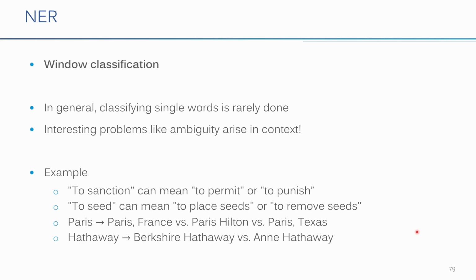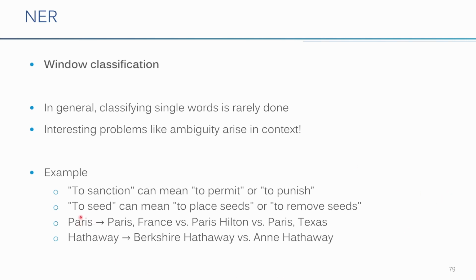And as we were talking before, in general, classifying single words is rarely done simply because of ambiguity, and the more interesting cases arise when you try to identify context or a specific group of words. This happens not only in named entity recognition, it does happen in other cases.